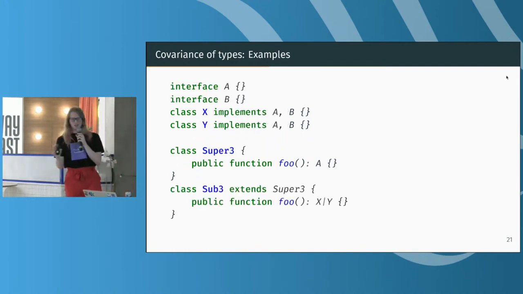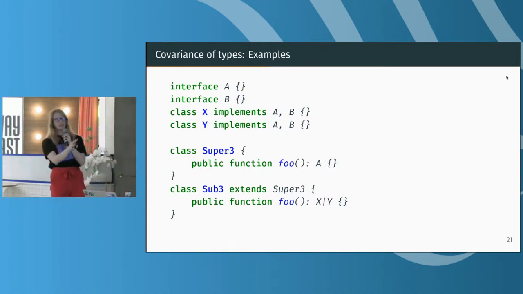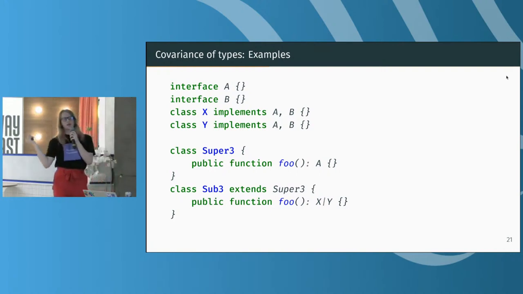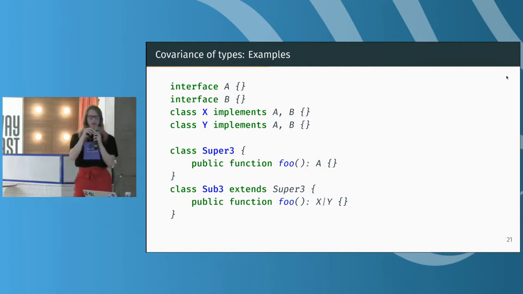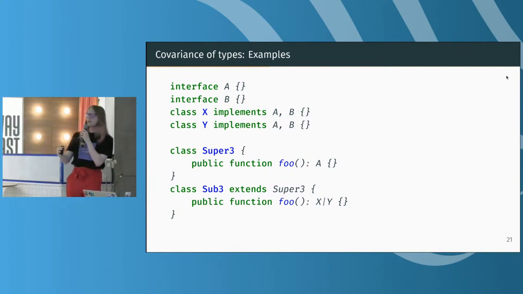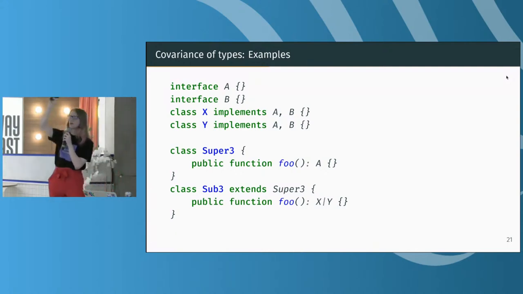But it is not just that you can remove unions and add intersections, because you have some weird rules here. Say you have interfaces A and B, and you have X which implements A and B, and Y which implements A and B. If my parent type returns something of type A, it is valid for me to say I only return X and Y, because in the whole type universe of A, I have my two blobs, X and Y, which are within the larger blob.